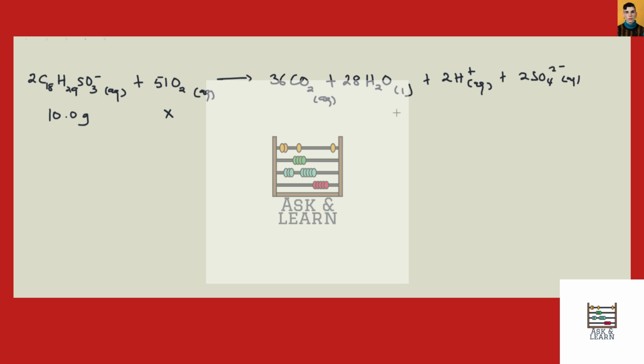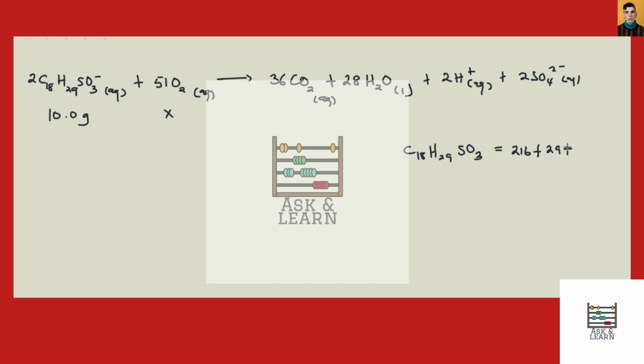Okay, so one thing we need to do is to determine the molar mass of C18H29SO3. Carbon is 12, so 12 times 18 will give us 216. Hydrogen is 1, 1 times 29 will give us 29.